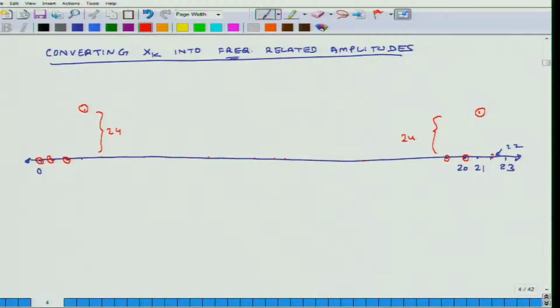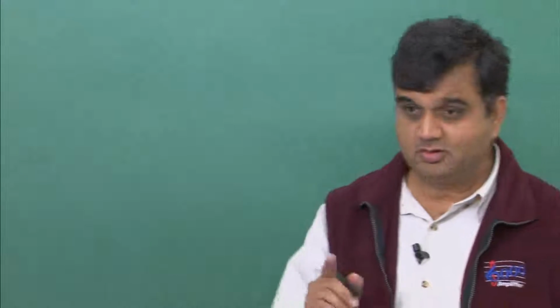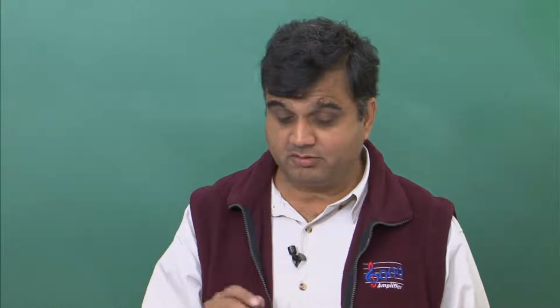Then at 22 and 23 it was 0. If you did the computation, this is what you will get. And you had a total of 24 points. So, this is how you calculate the frequencies.